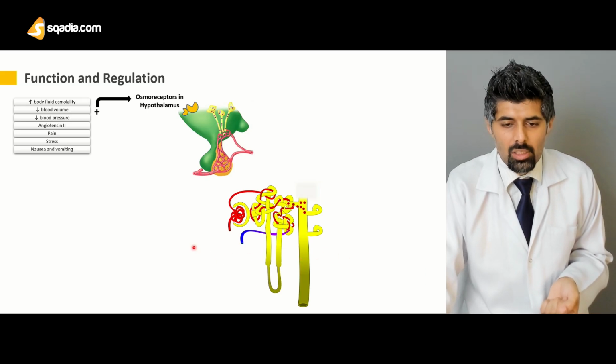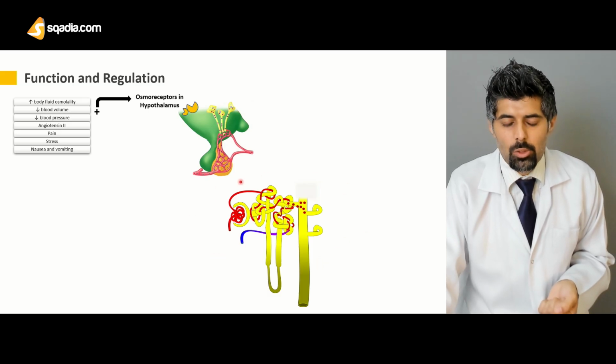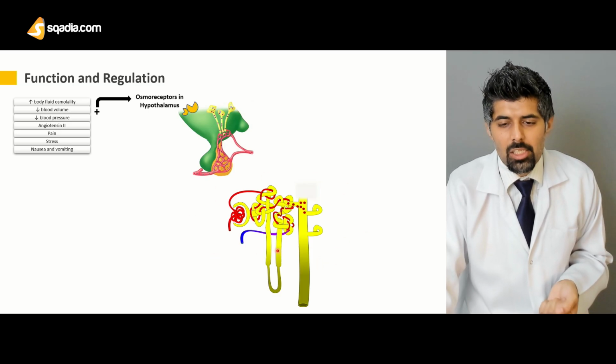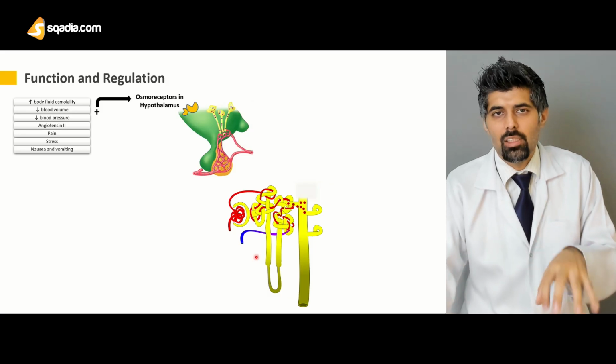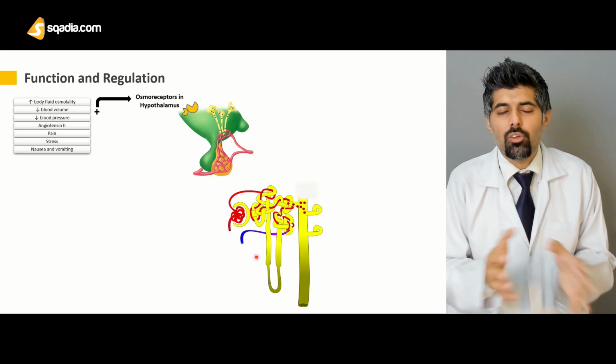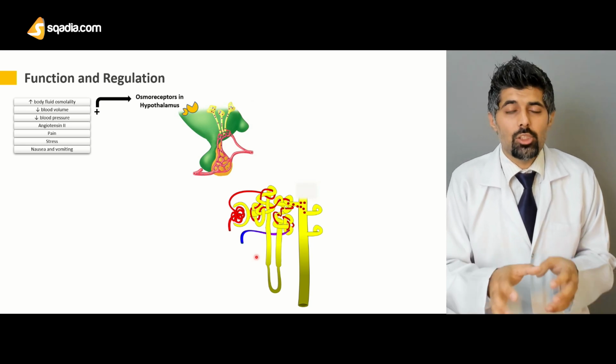Now, this layer here can be divided: this is the cortical area, while this is the medullary area. This is the loop of Henle, and the loop of Henle only deals with the absorption or transport of salts. It does not have any effect on the transport of water.